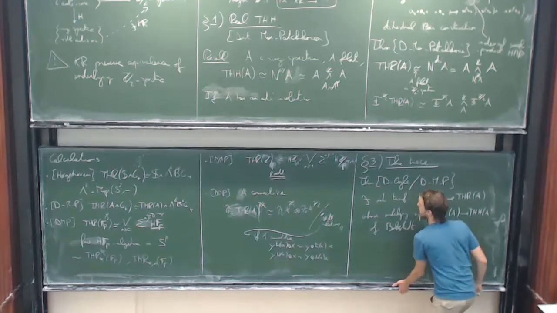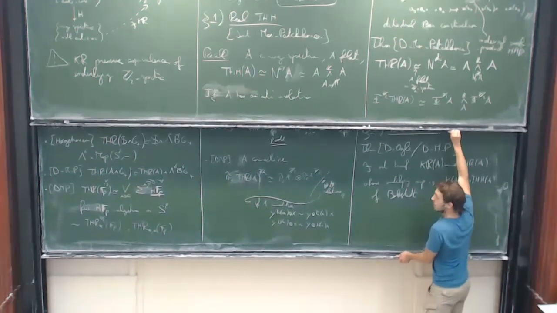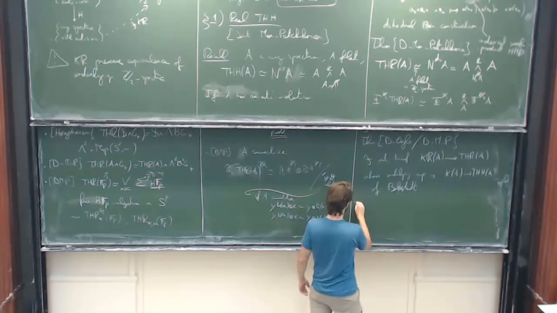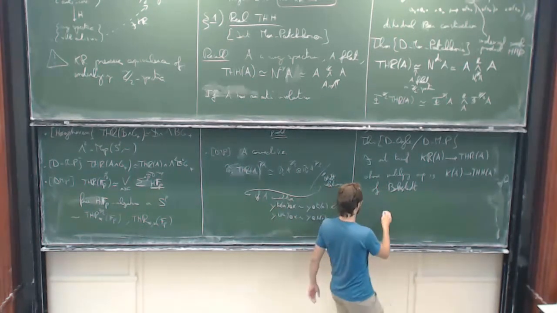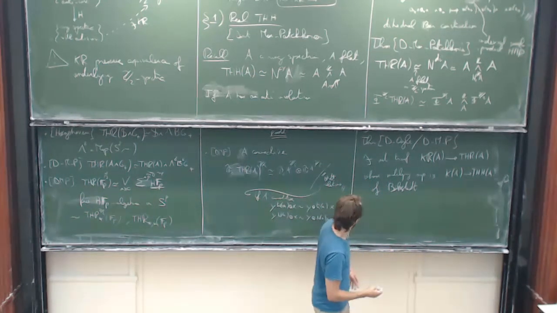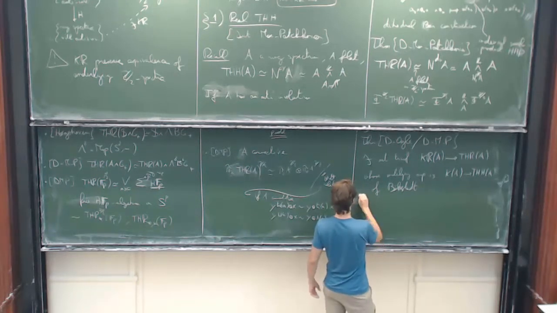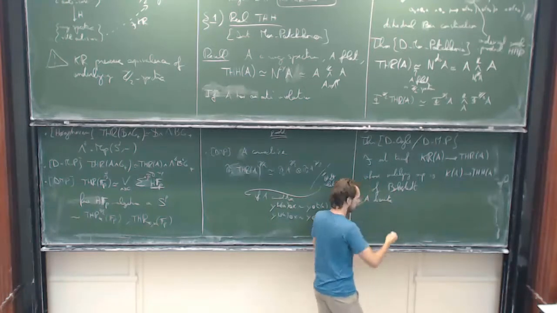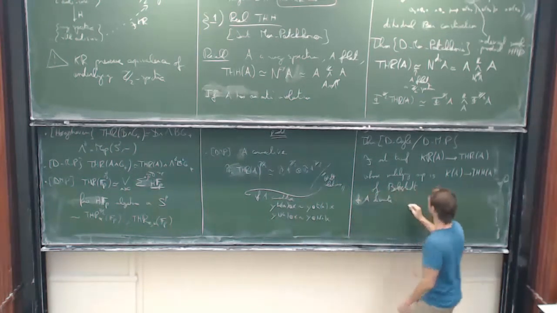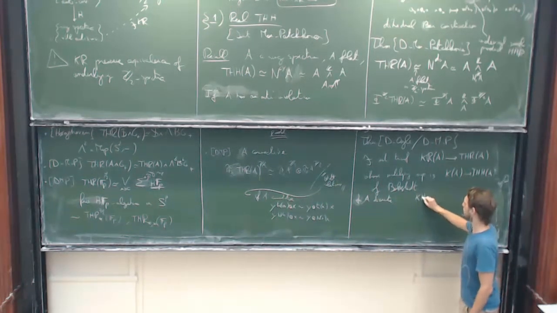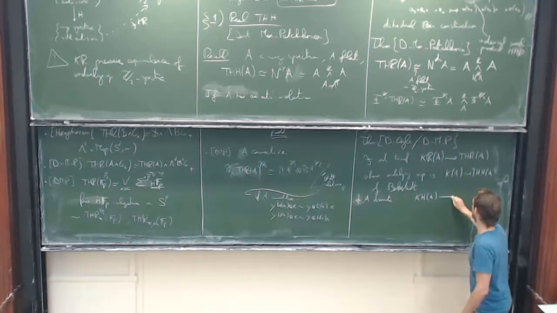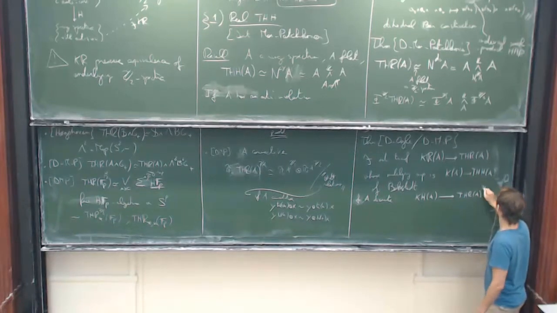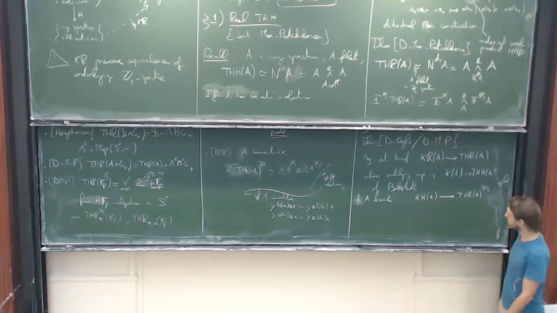So there is this natural transformation, and in particular, we get, if you take fixed points, for A discrete, meaning if A is just a ring with anti-involution, we get a map from the fixed points of K-theory, which is the Hermitian K-theory, to the fixed points of THH.